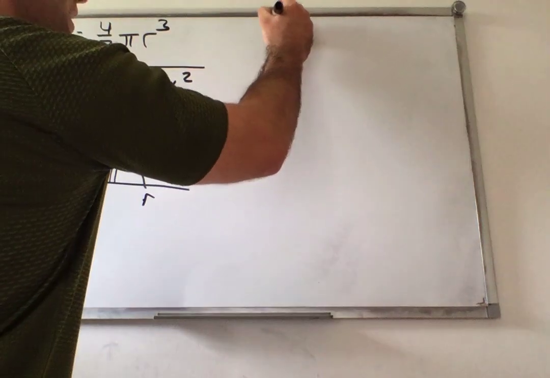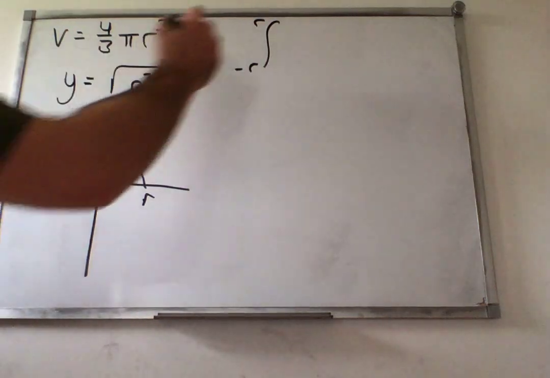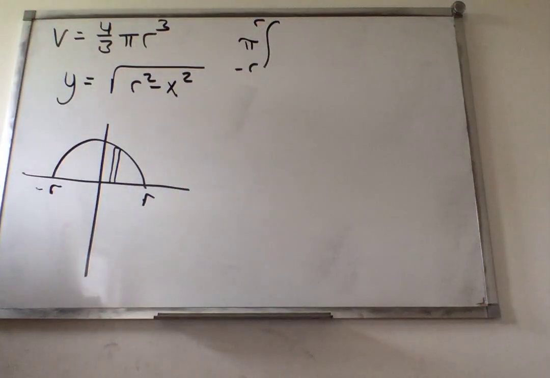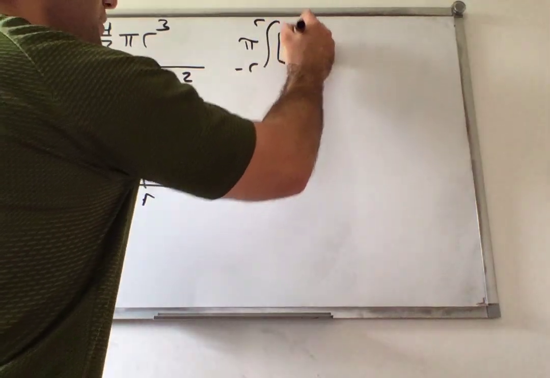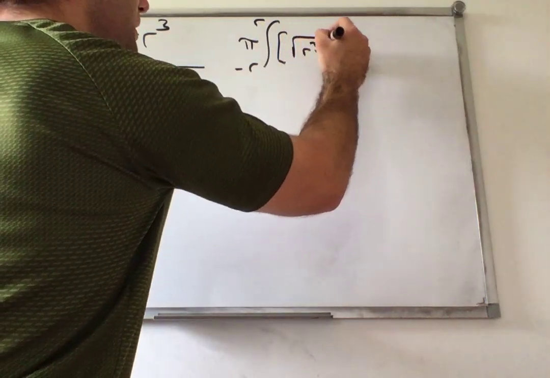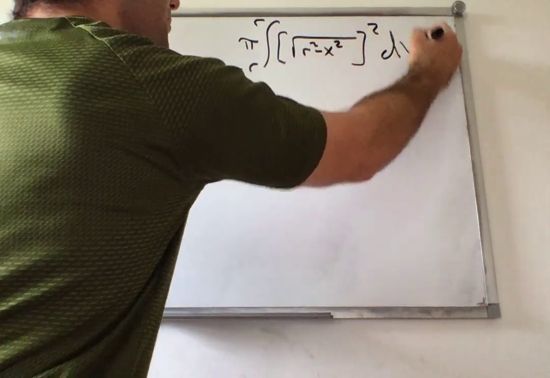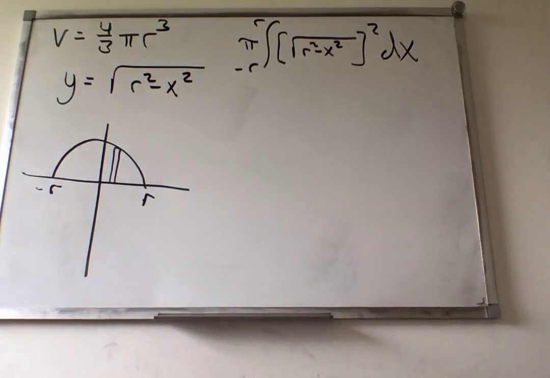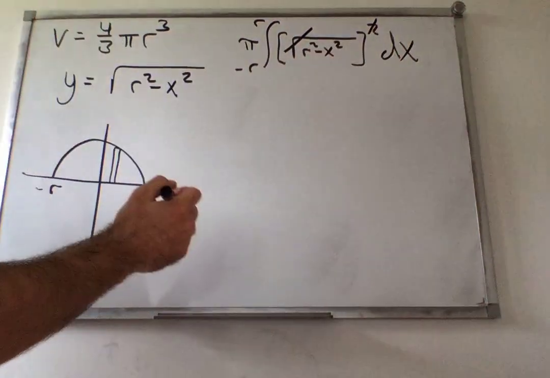So this is going to be the integral from negative r to r. There's a pi out front, just from the disk method. And I'm going to take the function, r squared minus x squared, square it and integrate dx. Now the square root and the square cancel.